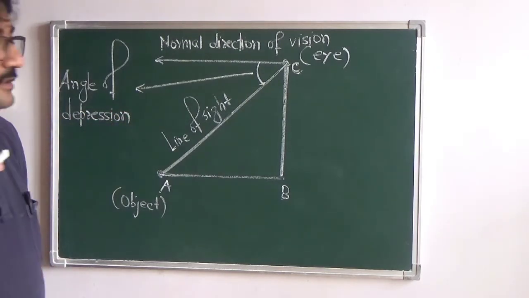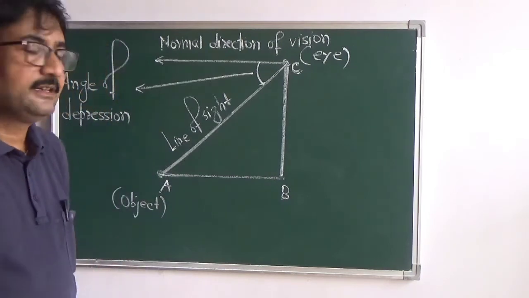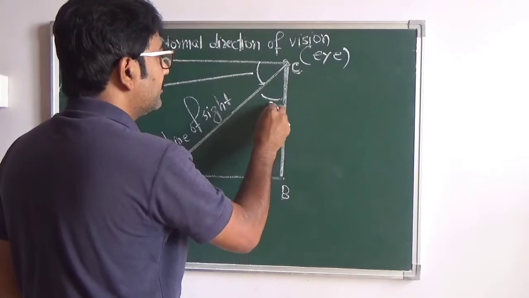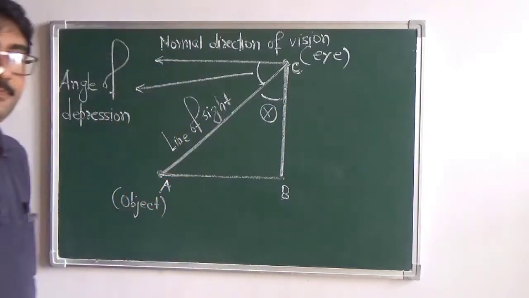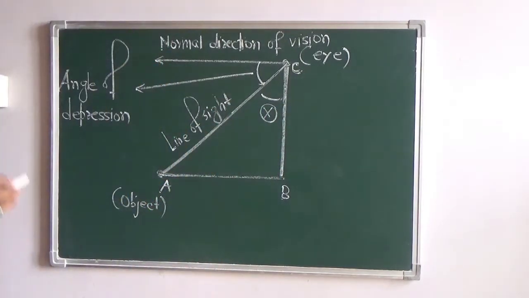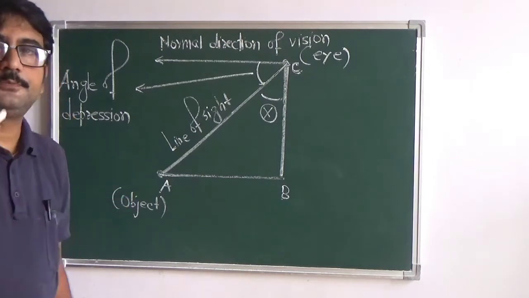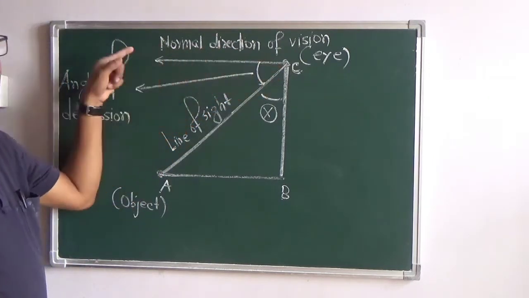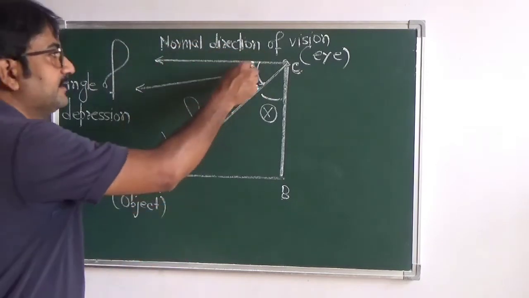Remember, the common mistake that one makes, they take this other angle as the angle of depression, which will be completely wrong. Just stick to the definition, and the definition says the angle which is formed between the line of sight and the normal direction of vision, and that is this angle.